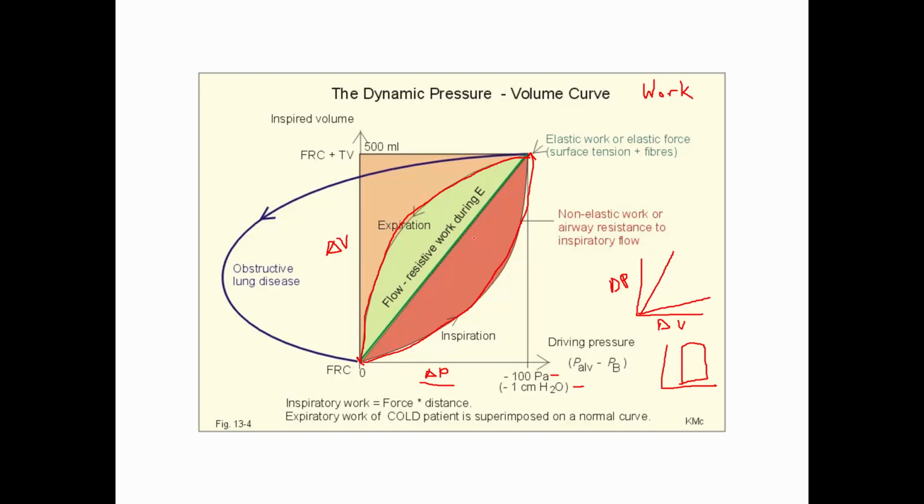Part of it is due to airway resistance, and part of it is due to the elastic forces, the surface tension and the characteristics of your lung. This green part here is the work during expiration, and notice it's only due to airway resistance. We also have some obstructive lung disease put on here, but I have another picture. We'll talk about that a little later.